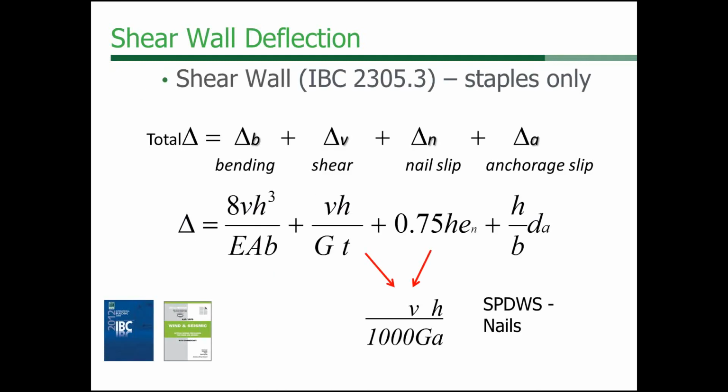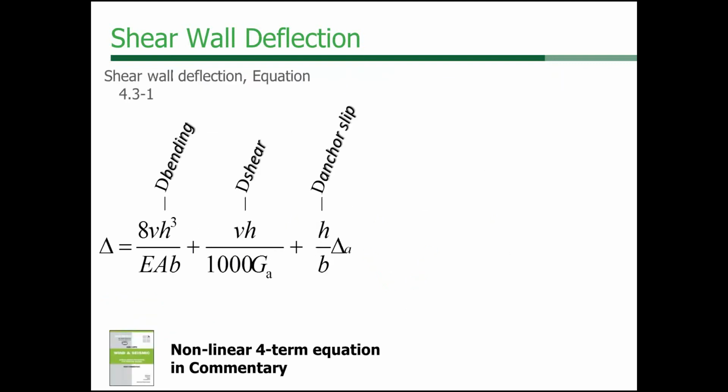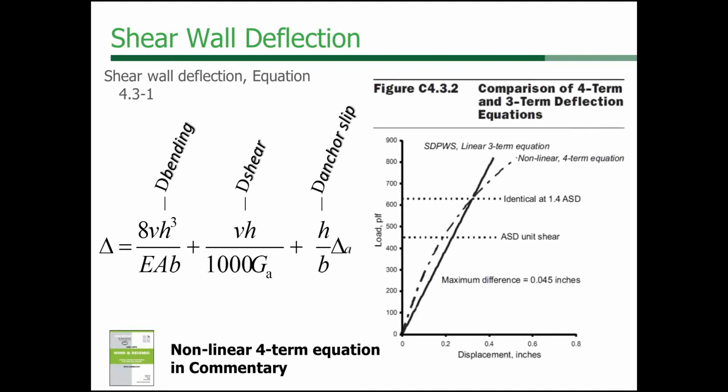It's a mathematical simplification of that equation, bringing the 4-term equation into a 3-term equation and bringing in the term apparent shear stiffness, which is G sub A.